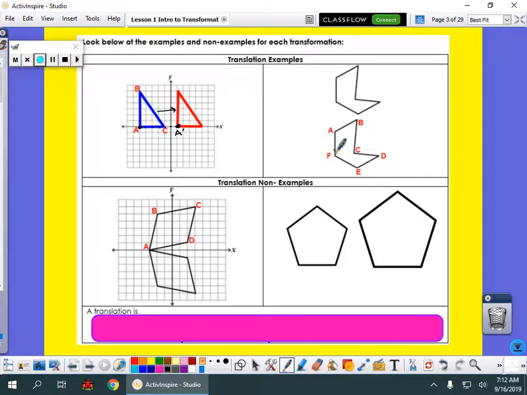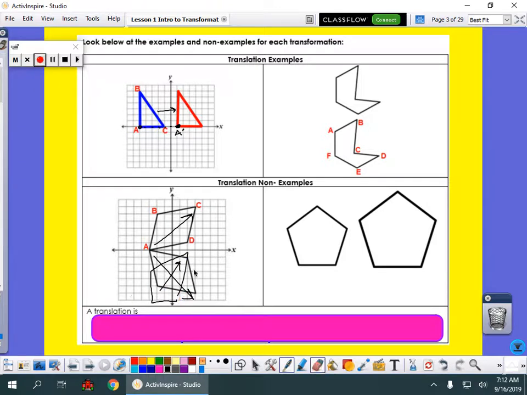All right, why is this not a translation? Well, here this is kind of pointed up towards the right corner, and this one looks like it's pointed down towards the bottom corner. So in order for that to be a translation, it would have had to take that same shape and slide down and still have that same upward pointing direction.